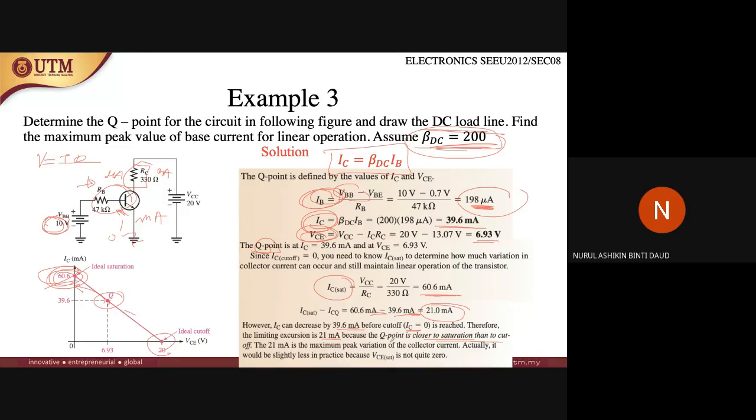So it means that this Q point is near to the saturation. So it means that the input signal will be distorted at the saturation part. Okay. All right.